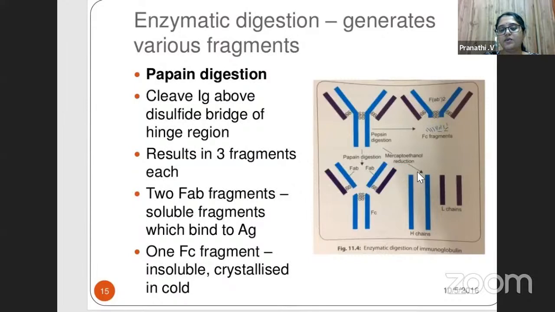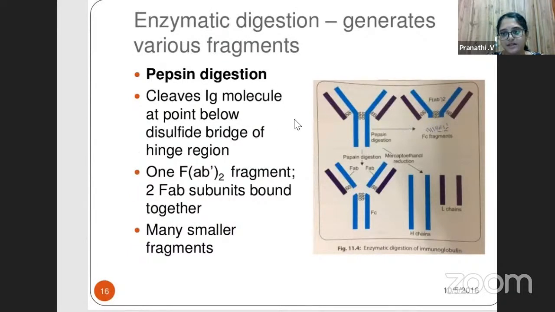And if you use beta mercaptoethanol, you're going to get 2 heavy chains and 2 light chains altogether. In case you use pepsin, which is another enzyme, a digestive enzyme, you're going to get completely different kinds of fragments.